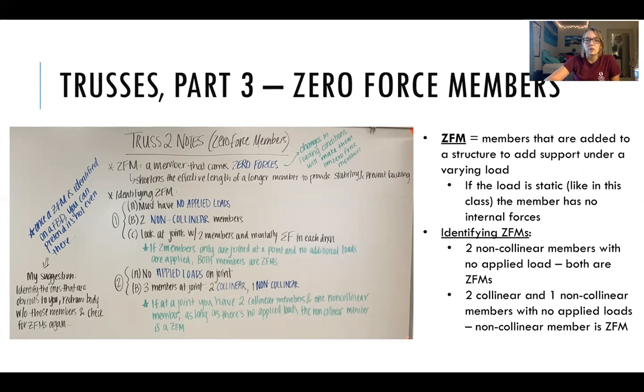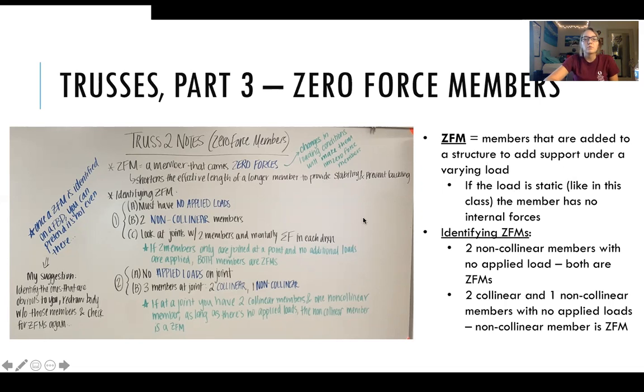So these members that are used for stability are called zero force members, because as you're looking at them in a free body diagram, there will be zero force acting on them. So that being said, zero force members are members that are added to a structure to add support under a varying load. And again, because the load is static in a free body diagram, the member has no internal forces.